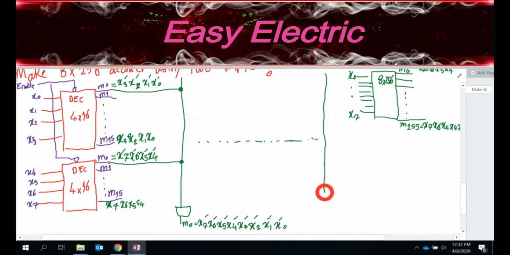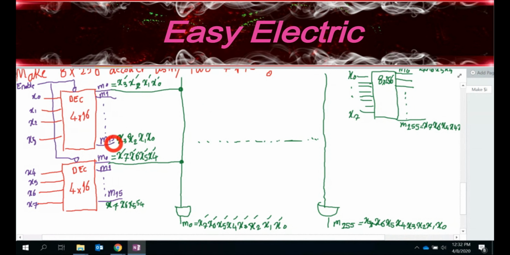I just have the last one, which is M255 equal to X7, X6, X5, X4, X3, X2, X1, X0.